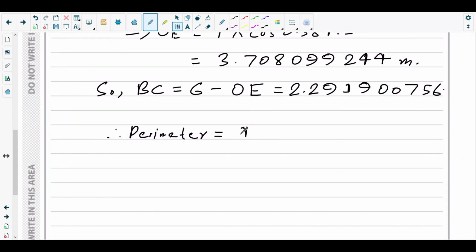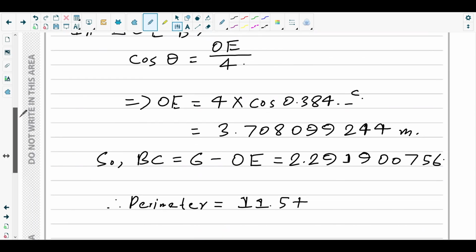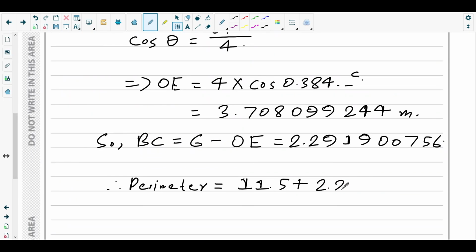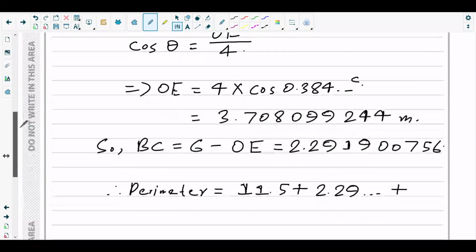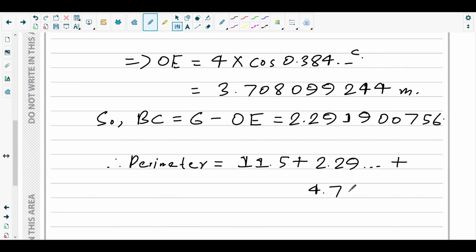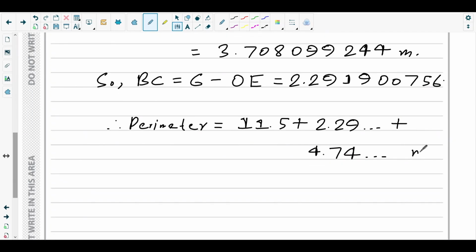So 11.5 plus the length of BC, which is 2.29, plus the length of AB, which is 4.74.